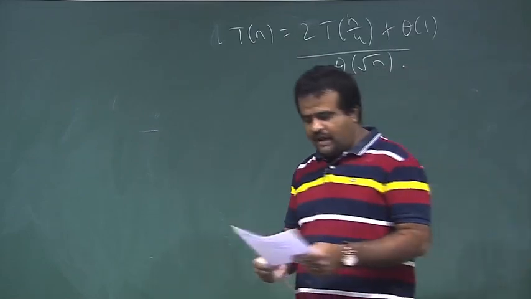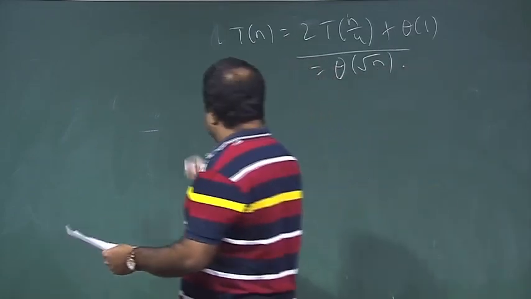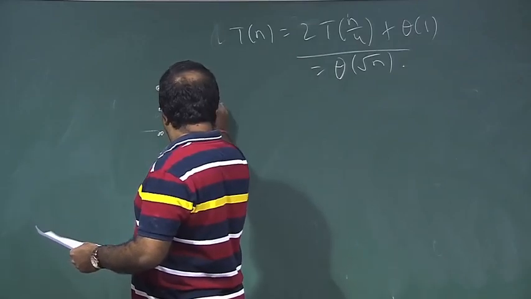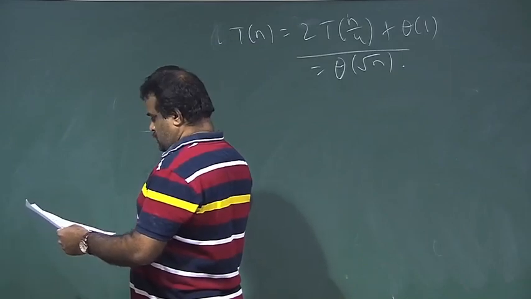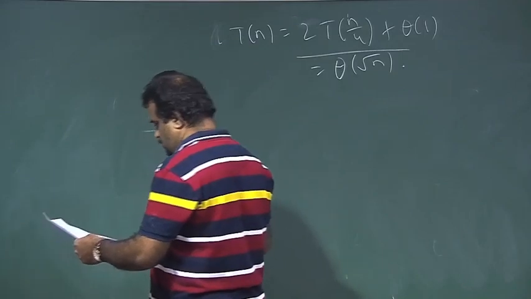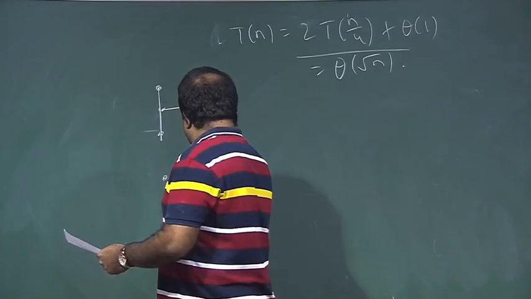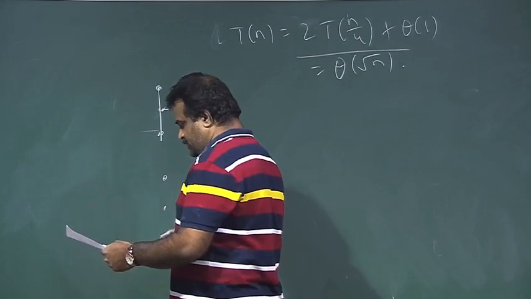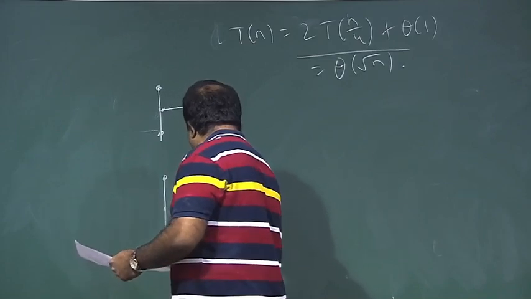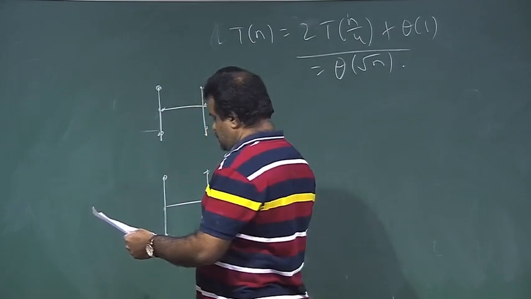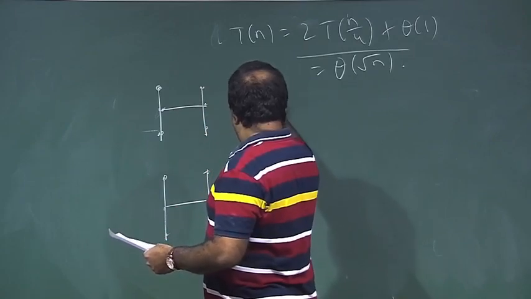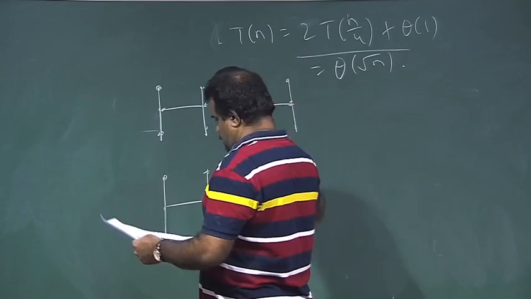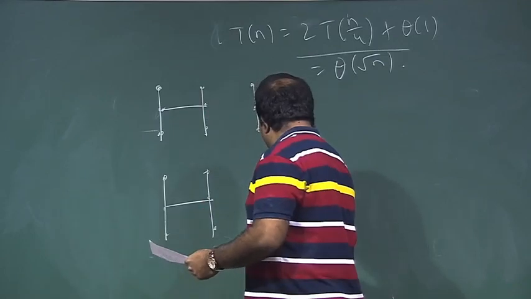So, for that we will have H type embedding. What is that? We will do like this. These are all H, this is called H tree. So, we are drawing this and another one here, another H tree here.